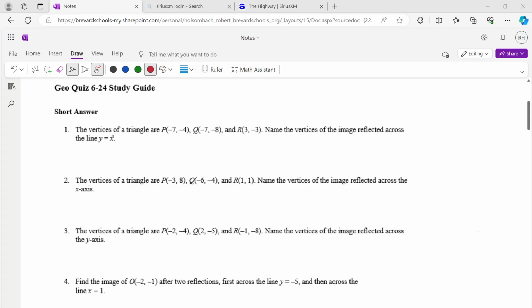Problem number 1, the vertices of a triangle are. Name the vertices of the image reflected across the line y equals x. Okay, so if we are reflecting across the line y equals x, there's actually a shortcut.